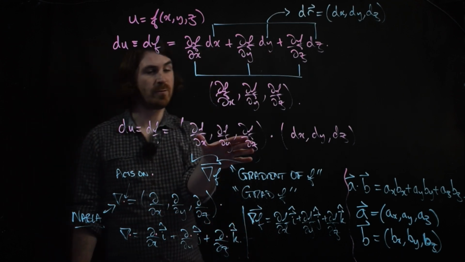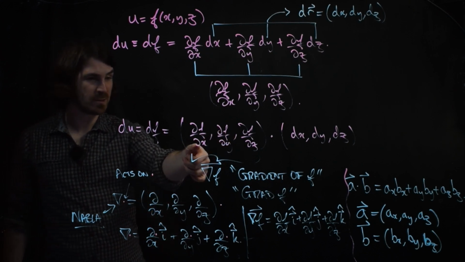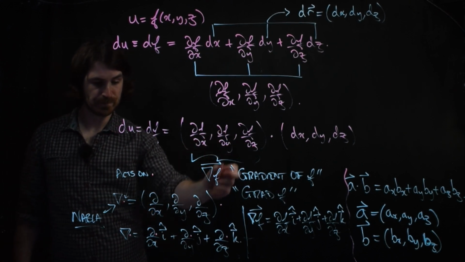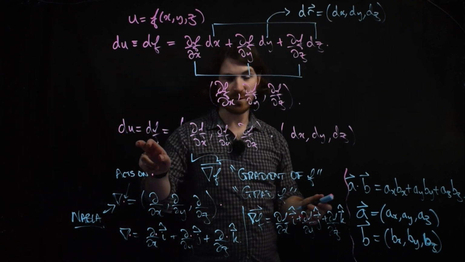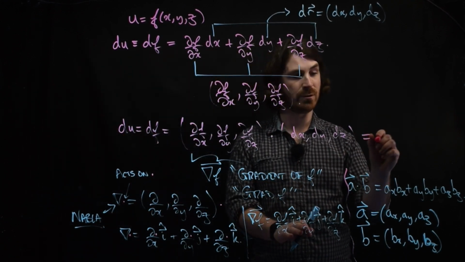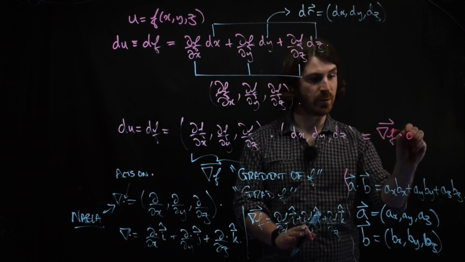But I'm lazy with my vectors and I just use the round brackets with the commas. So this is the x component, the y component, the z component. So our total differential is just equal to the gradient of f, which is a vector, dotted with another vector.